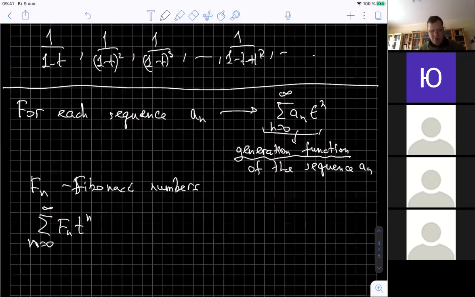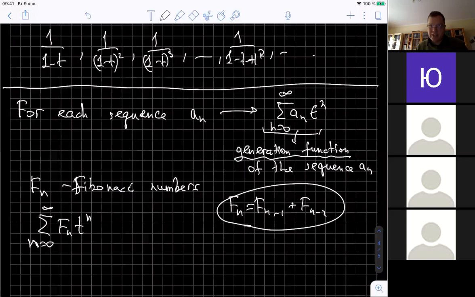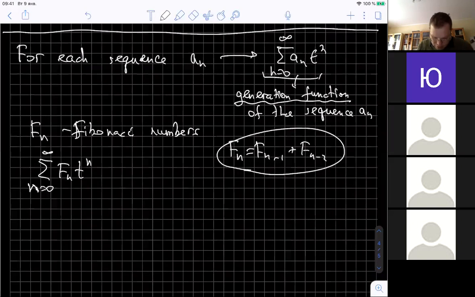And we want to find the explicit formula, some short formula for this formal power series. So we can do this in two separate ways. First way, we know that Fn is equal to Fn minus 1 plus Fn minus 2. And we can use this recurrence relation to find the explicit formula for this formal power series.